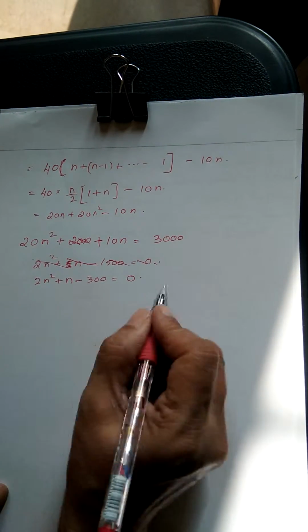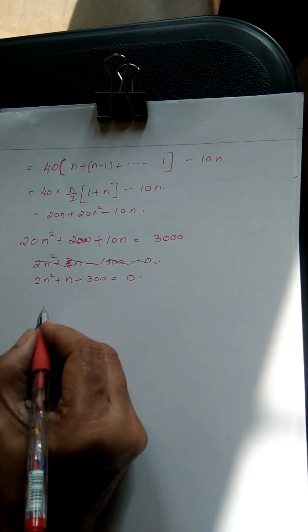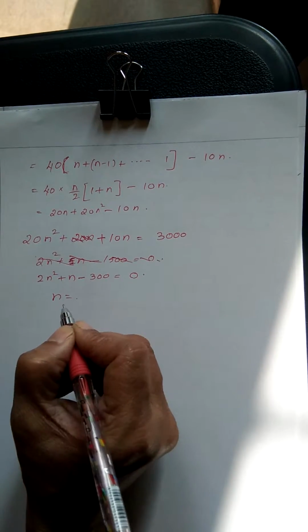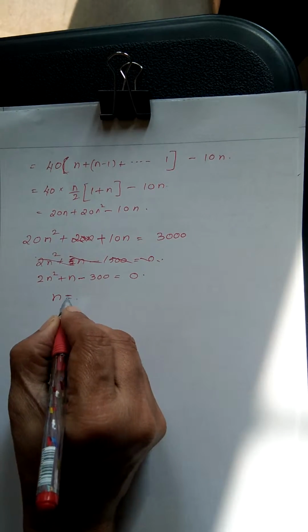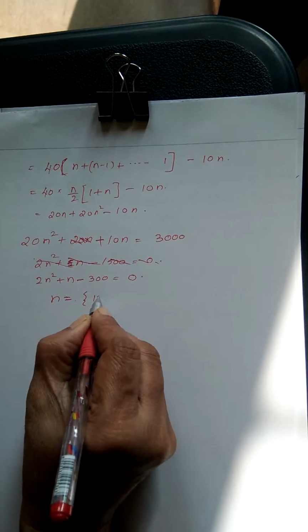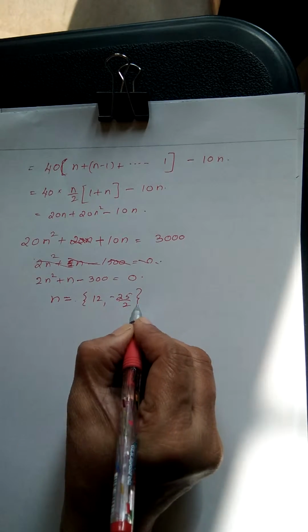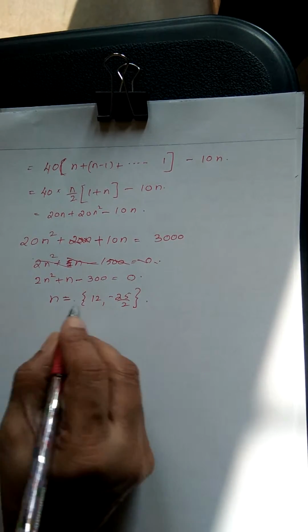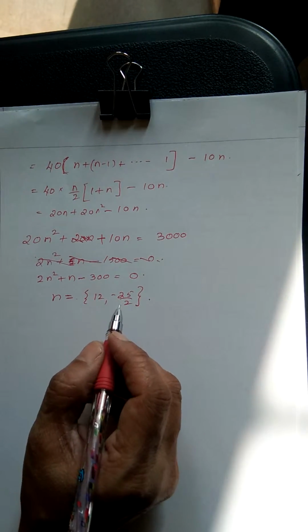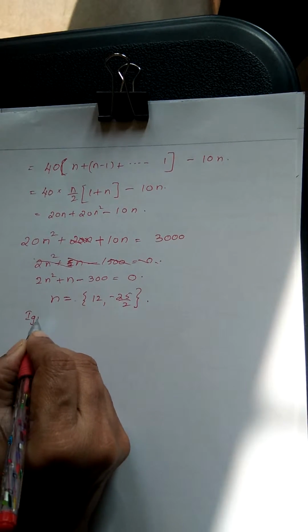So now, solving for n, you get n is equal to 12 and minus 25 by 2. So since the number of stones cannot be negative, ignore the negative number.